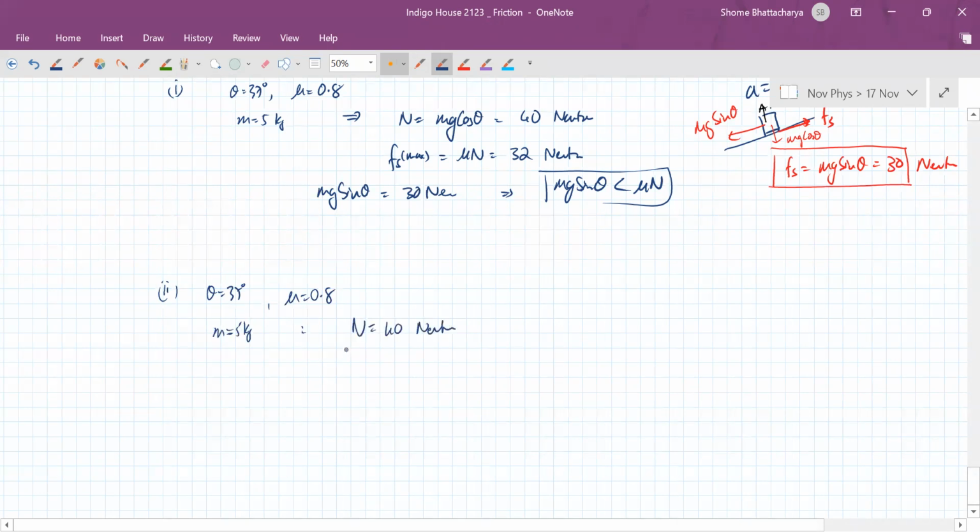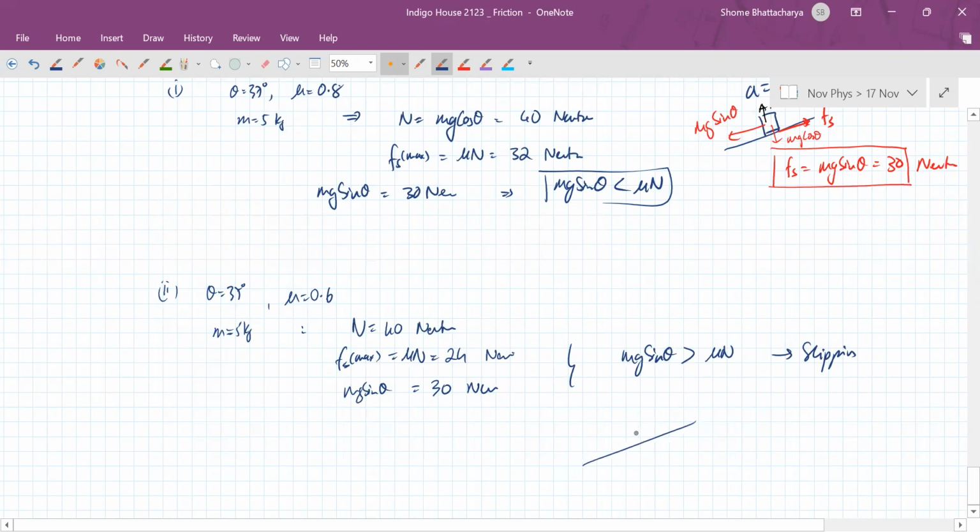But this time the limiting static friction, sorry, this is 0.6, not 0.8. So that is only 24 newtons. Whereas mg sin theta is 30 newtons. So this is the case where mg sin theta exceeds mu n. So there is slipping.